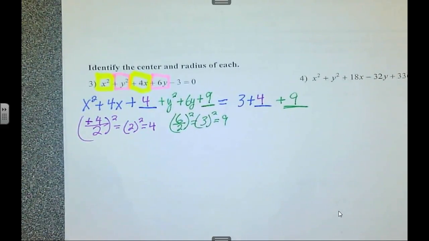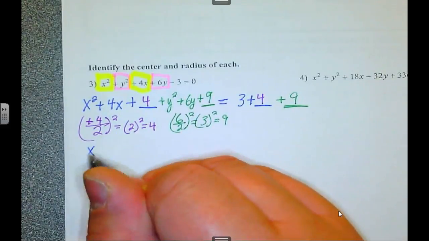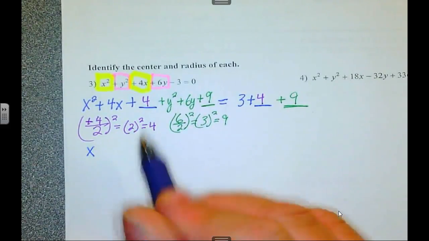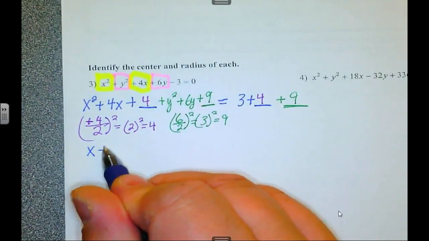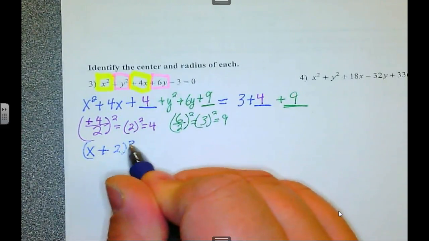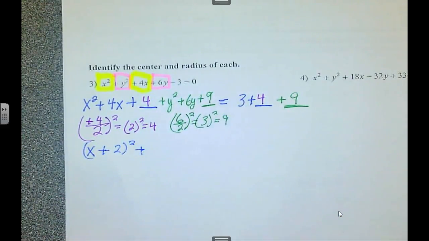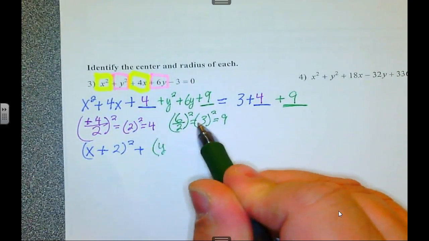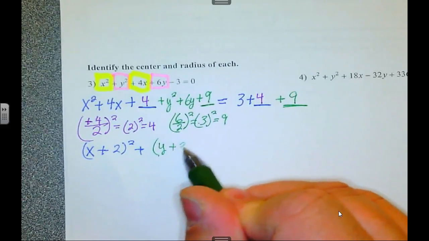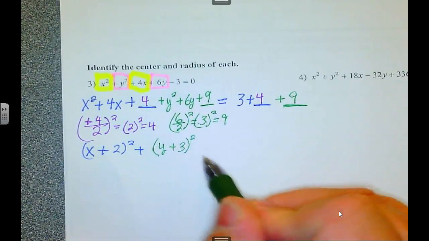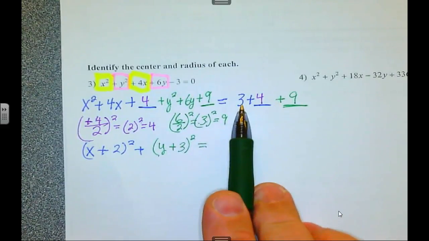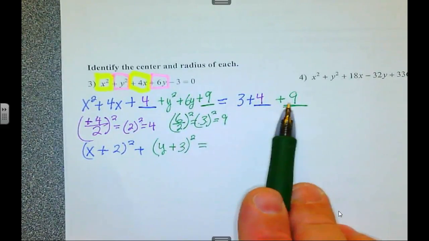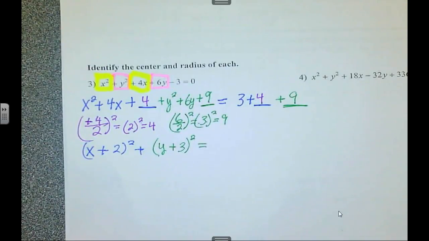Yep, it's pretty easy. So I have my x plus 2 squared, plus my y's, I have y plus 3 squared equals 3 plus 4 is 7 plus 9 is 16.